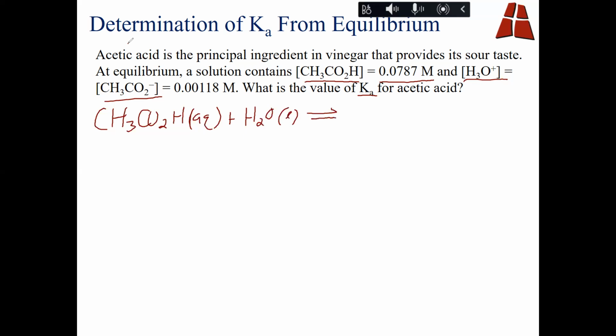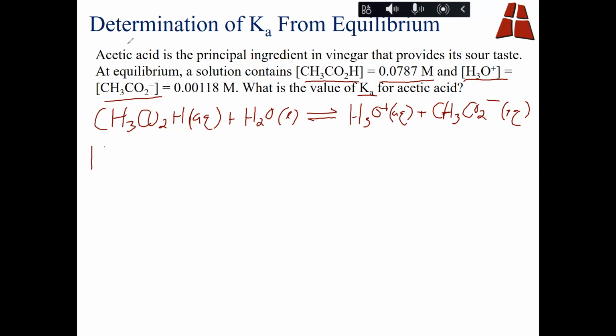That's going to be in equilibrium with our products, H3O+. So our hydronium will be dissolved, and our conjugate base, which will be acetate, CH3CO2 minus. That will, of course, also be soluble, so we would designate it as aqueous.